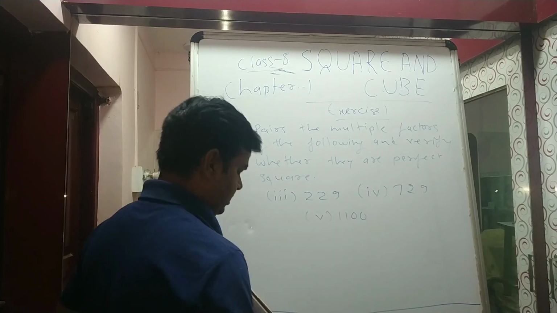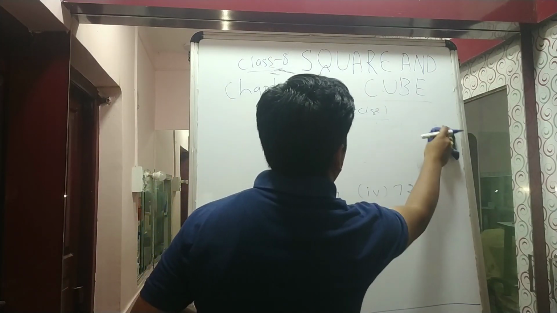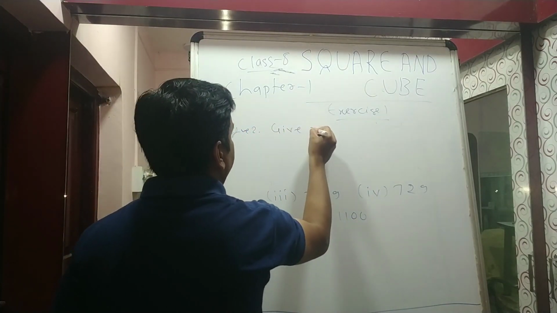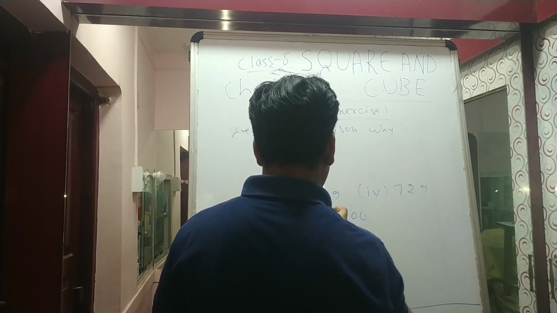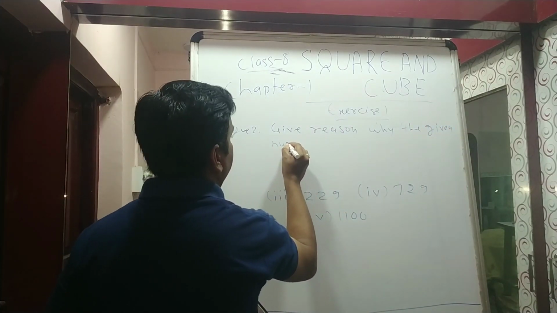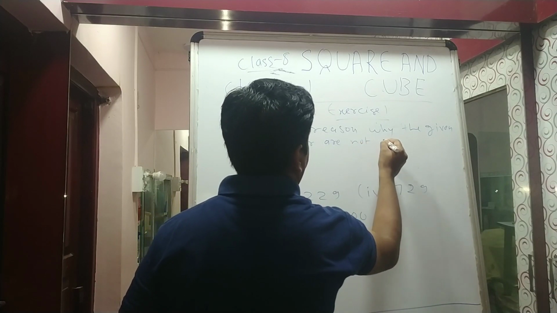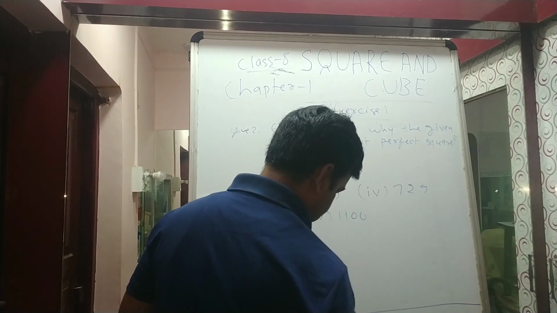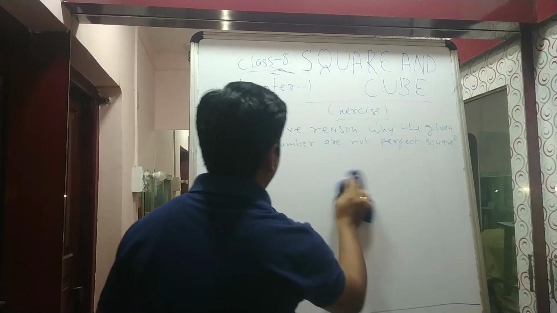Next question says, Second question, give reasons why the given numbers are not perfect squares. Okay, we need to give the reason why some numbers are not perfect squares.